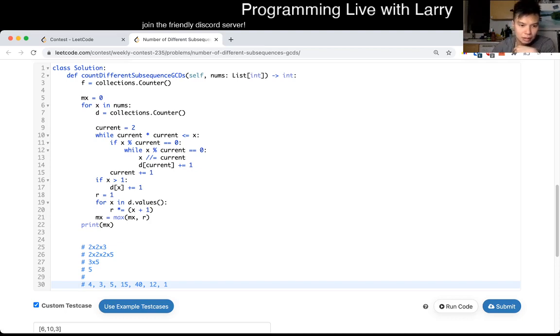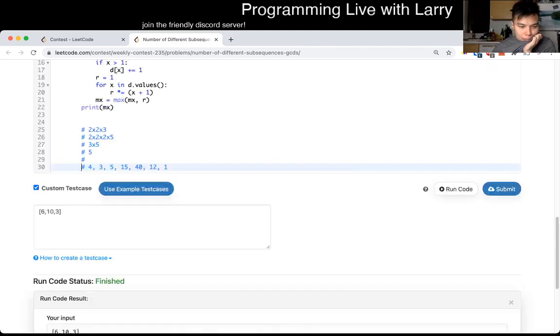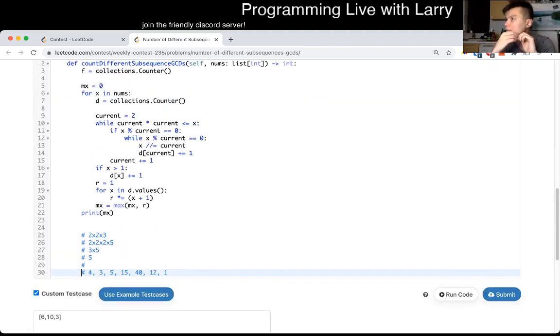So what did I say? The biggest number was 160. Well, no, it could possibly give you a distinct number.